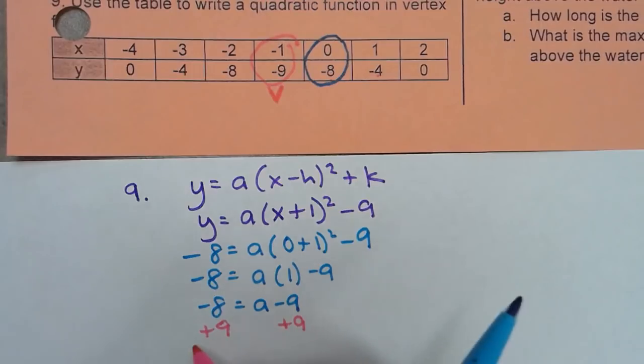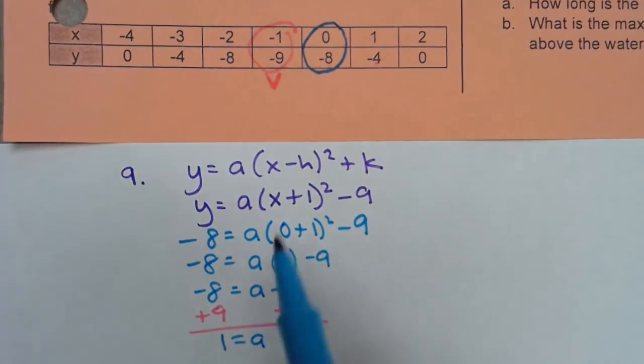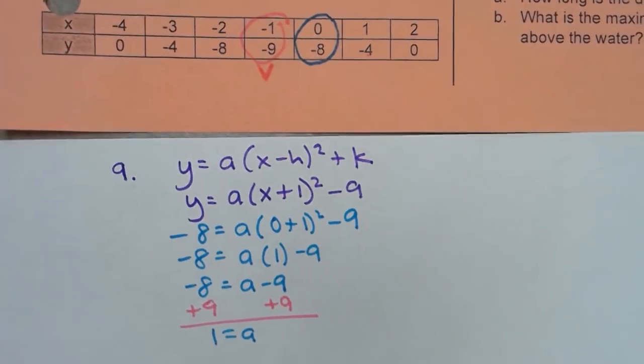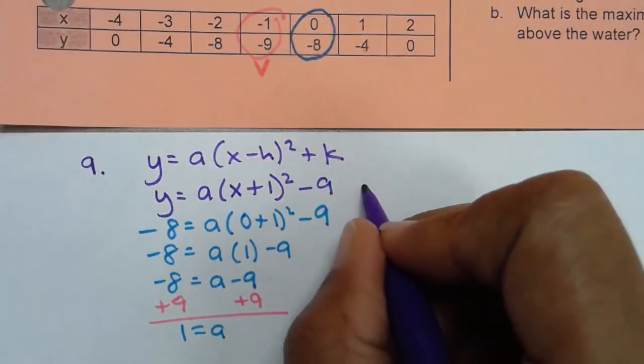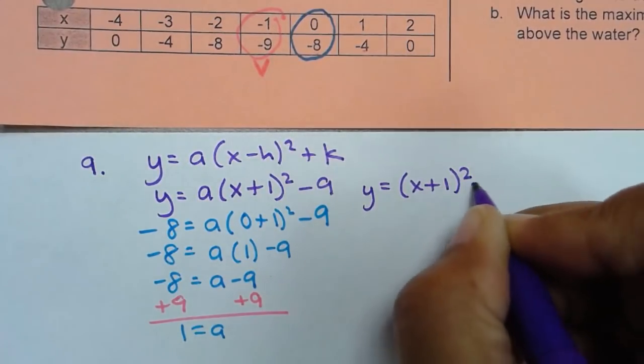And notice that a is going to just be 1. So when I plug 1 back in here to this equation, 1 times anything is itself. So I don't necessarily need a 1. When there's nothing here, it's automatically known to be a 1. So really I'm just going to rewrite this equation, and a is 1, so I'm not going to even write the 1. It's just x plus 1 squared minus 9.